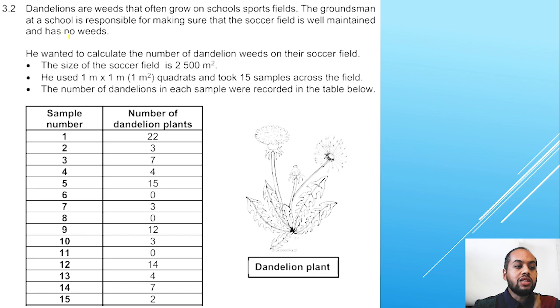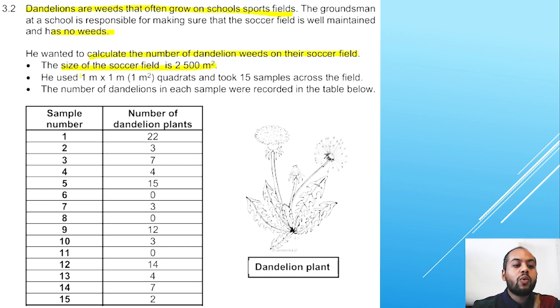The next question, 3.2, says dandelions are weeds that often grow on school sports fields. The groundsman at a school is responsible for making sure that the soccer field is well maintained and has no weeds. So you don't want weeds on your soccer fields. He wanted to calculate the number of dandelion weeds on the soccer field. The size of the soccer field is 2,500 meters squared.